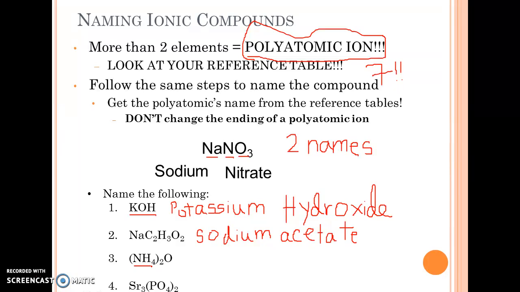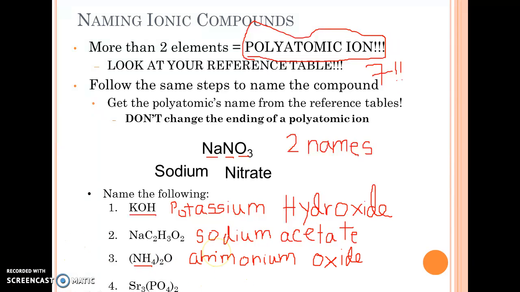So we're going to look in the reference table and find NH4 on page 7. It should be the very first one on page 7. Its name is ammonium. And then we have oxygen. Oxygen, when it's paired up with another compound, is called oxide. So the name of this is ammonium oxide.